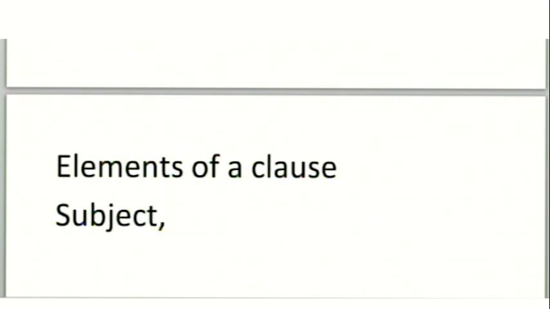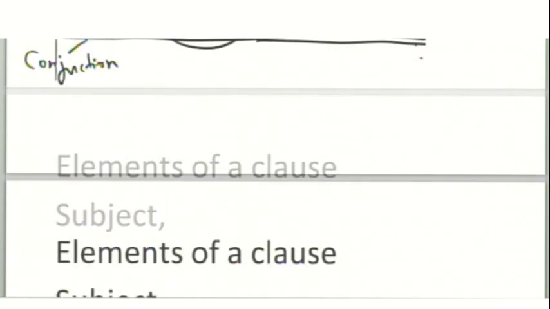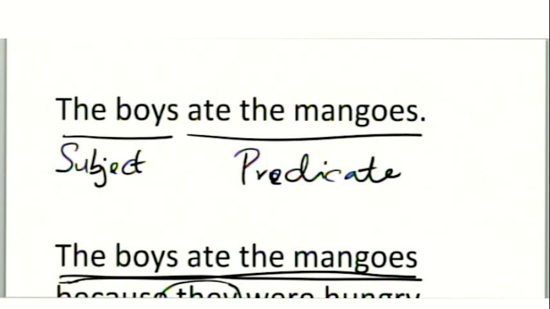Let us go back and look at our first example again. We said the boys ate the mangoes. So we have the boys, which is the subject. We have ate. It is what? A verb. And then we have another noun phrase, but that is what? An object. So we have subject, a verb, and then an object.